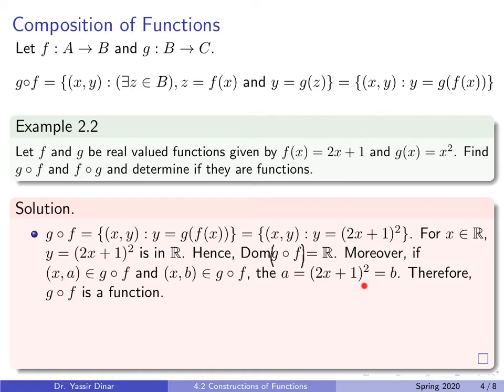This means a is equal to b, and that means my relation G circle F satisfies the second condition of being a function, and so G circle F is a function.